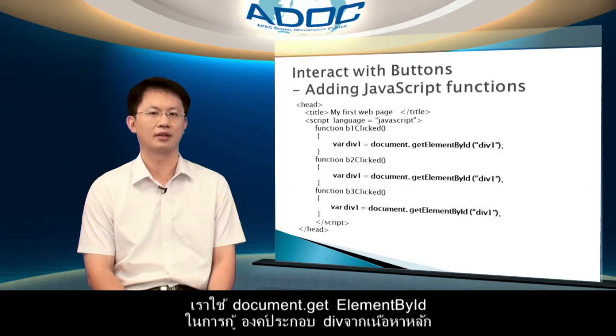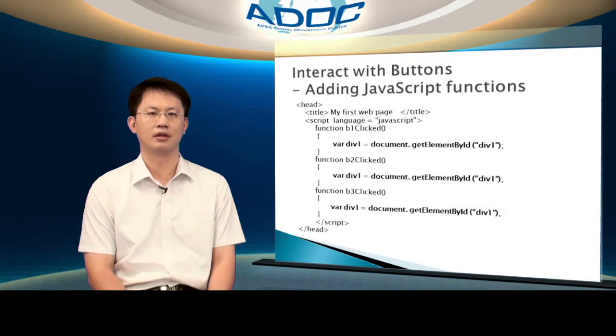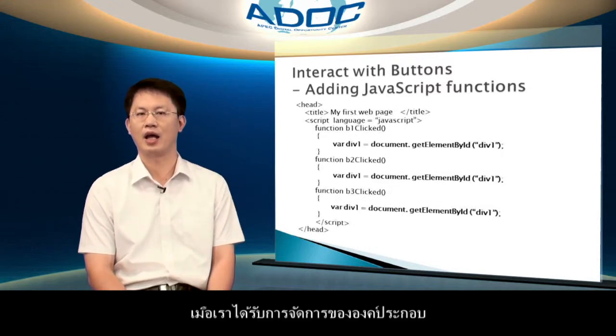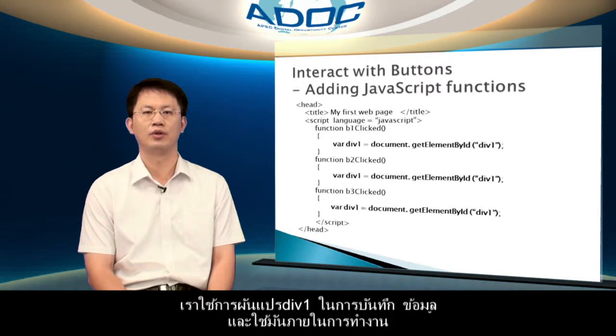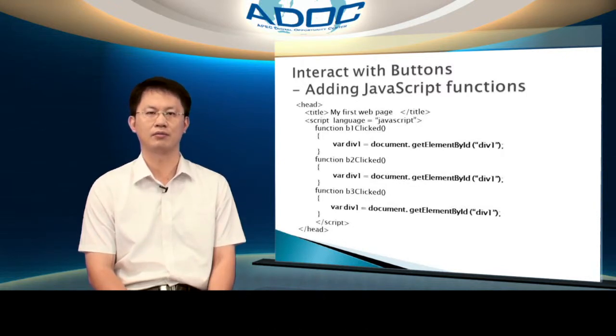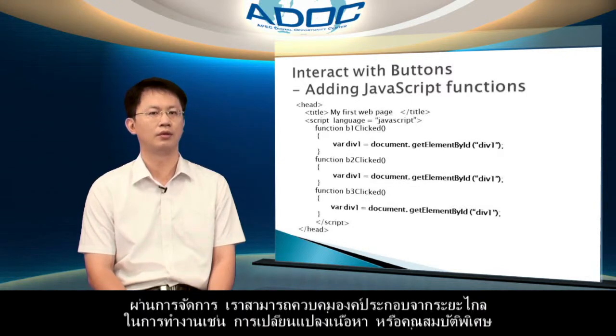And we use document.getElementById to retrieve the div element from the main body. And once we get the handle of the element, we use variable div1 to save the information and use it inside the functions. Through the handle, we can control the element remotely in the functions, such as changing the content or attributes.